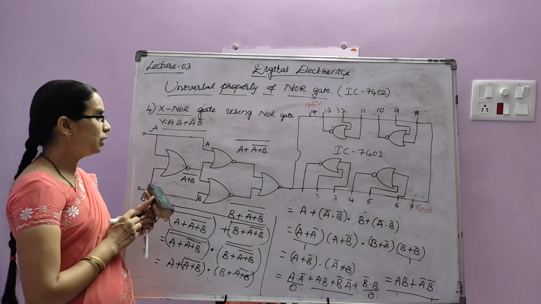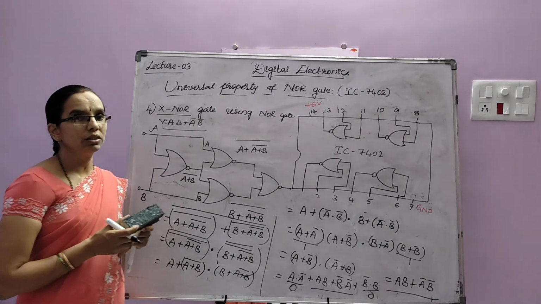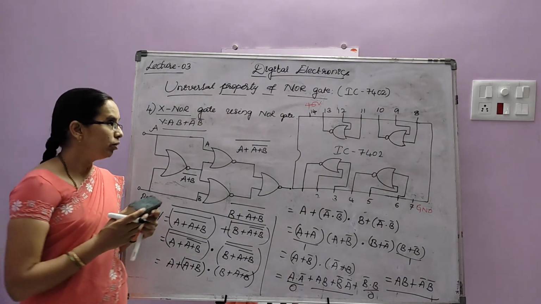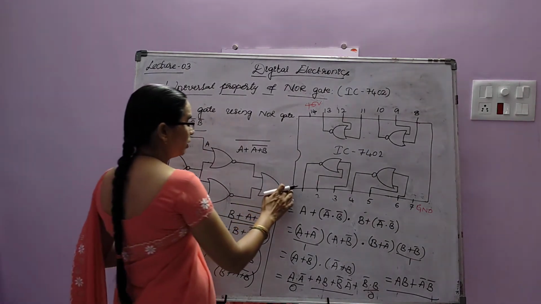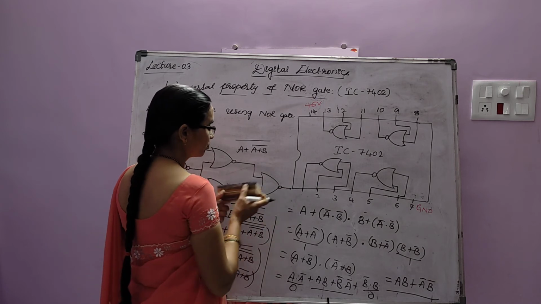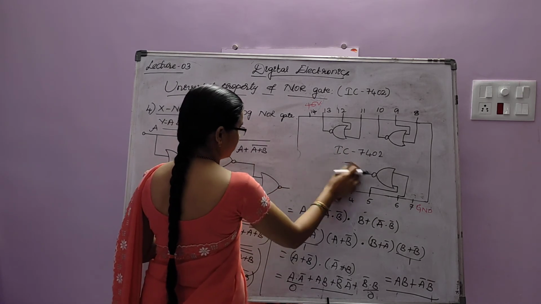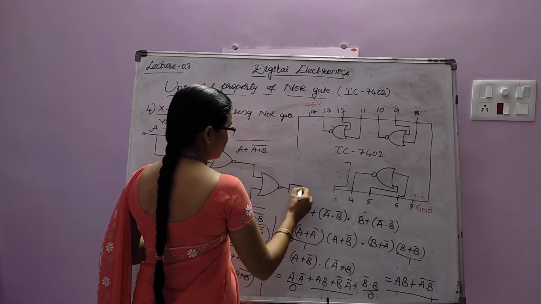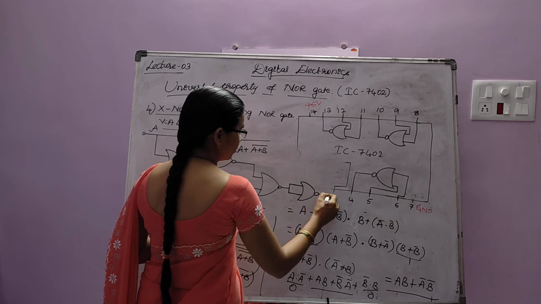And how to realize the XOR gate. If you want to construct the XOR gate, you have to connect one more NOR gate. That will be one more NOT gate using NOR gate.